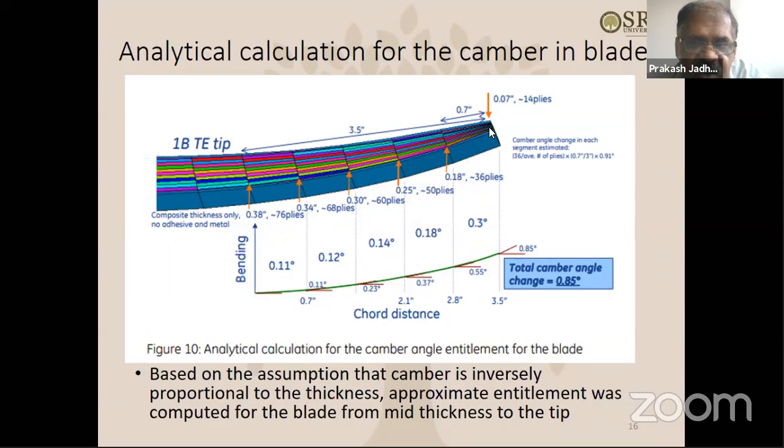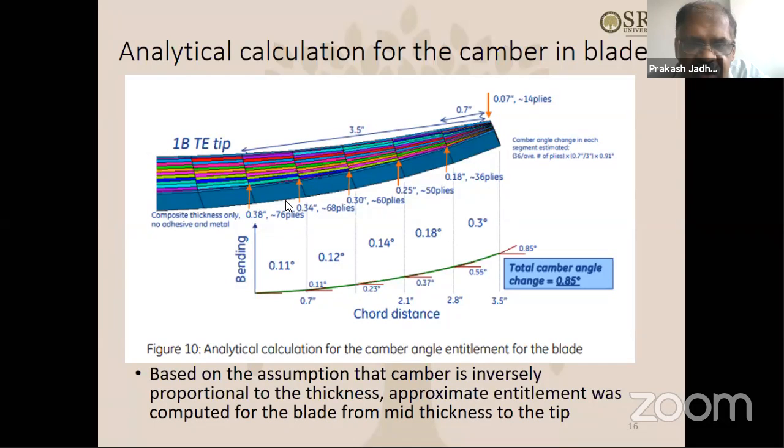So at the tip there is also a certain thickness and a certain number of plies. And as you go away from the trailing edge tip, the number of layers increases. So based on the earlier thickness calculations and the camber, we manually tried to calculate, based on the thickness variation, what could be the camber over the whole blade.